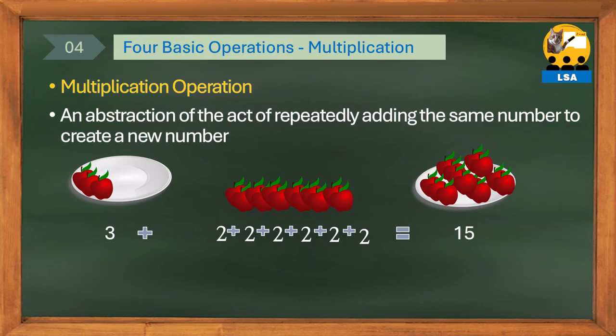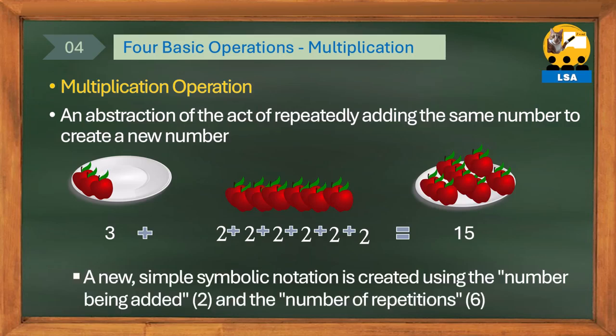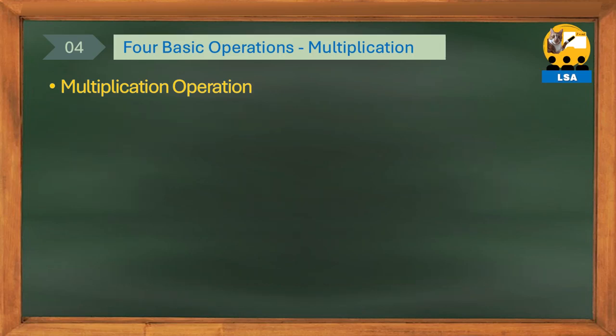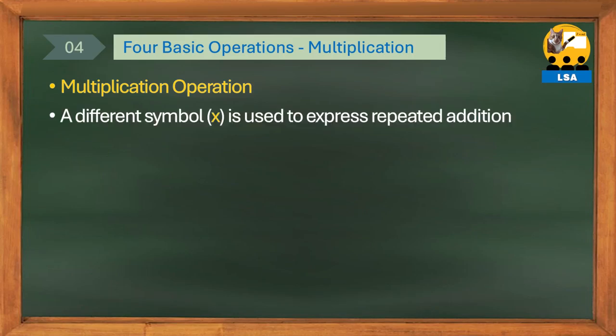Mathematicians figured out that the numbers involved in the act are the number being added, 2, and the number of repetitions, 6, and created a new simple symbolic notation. As an abstract symbol expressing this repeated addition, a different symbol from addition is used, and it is read as multiplied by or times.